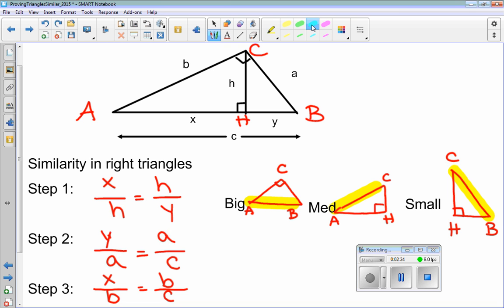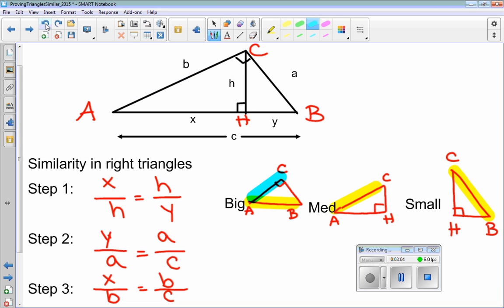Okay? So if you look at the big triangle, which leg, not the hypotenuse, is the longer one? Isn't AC the longer one? So I'm going to highlight AC in one color. If I look at the medium-sized triangle, which is this guy right here, I'm going to erase this in just a minute, which segment is the long leg?